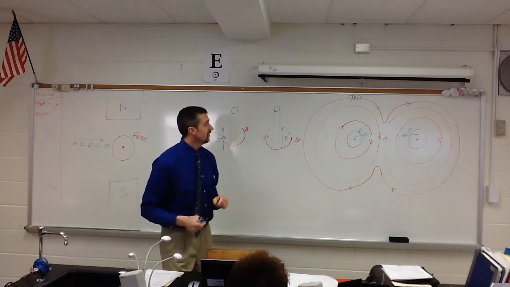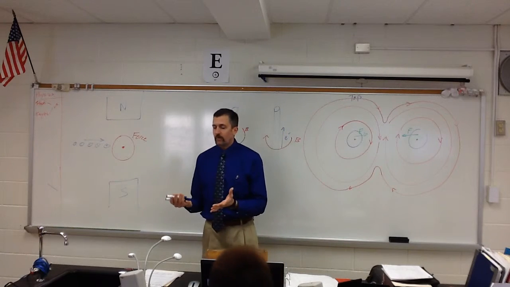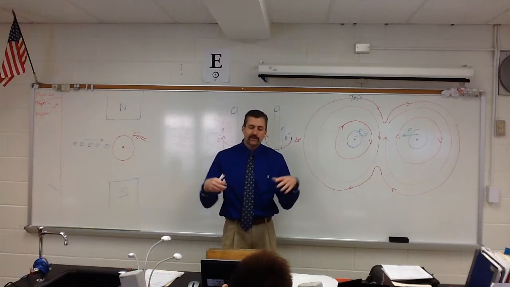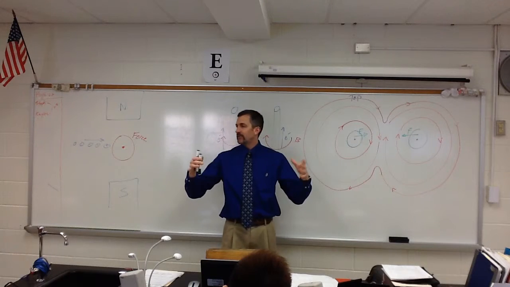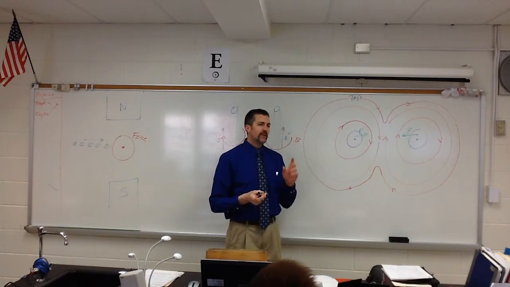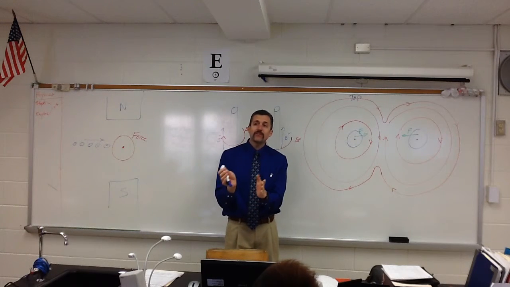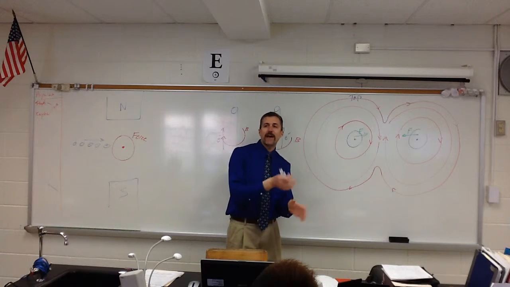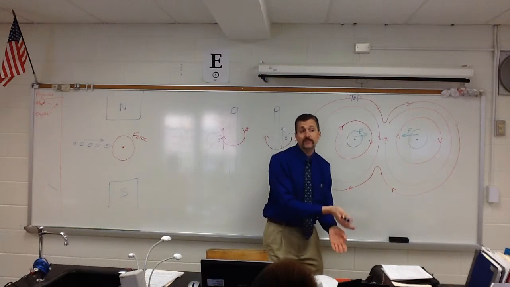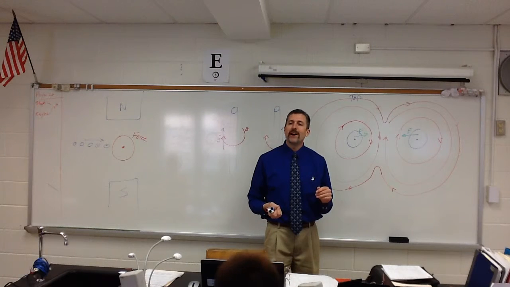Why is this important? Because when you run wires, like we recently had the play at school, or a concert, any concert, when you're running a bunch of wires because you got a lot of signals going from a stage to a soundboard or something like that, there's always a risk when you start running wires parallel to each other, because those wires are carrying electrons, the electrons make magnetism, and the magnetism affects the wire next to it. And what does that sound like when it doesn't do what you want?